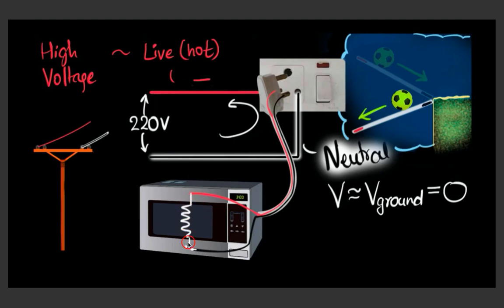And just if anyone's curious, this is the symbol for a resistor, so we're just showing that our microwave is a load here, that there's some resistance. And so what is the role then of the ground wire? That's the question that I'd like to answer now.